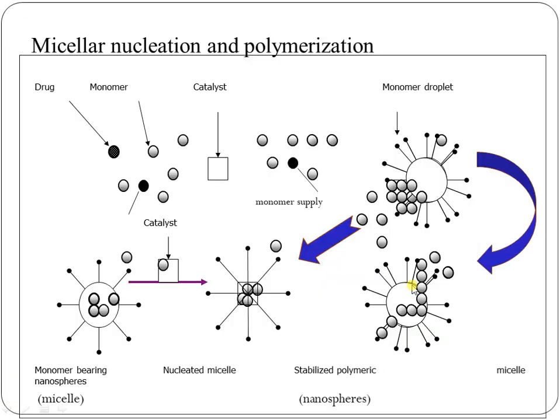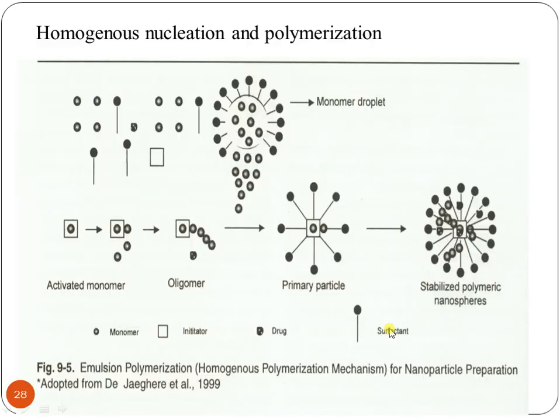This is also the same representation. This is the drug particle, these are the monomer particles, and this square is a catalyst, or you can say initiator. First of all, the monomer-bearing micelle is formed, then a nucleated micelle is formed. This is the initiator in between, and these are the surfactant molecules, and then nanospheres are formed this way.